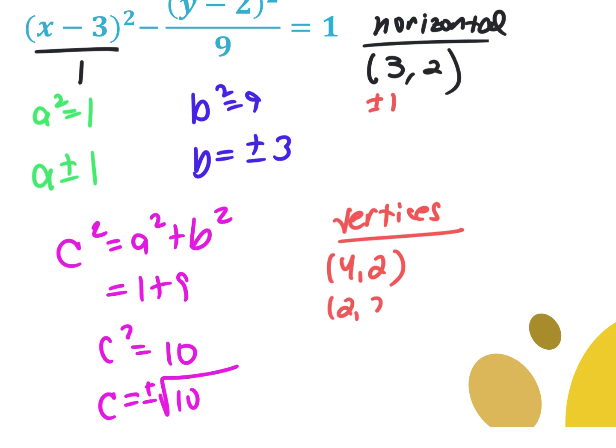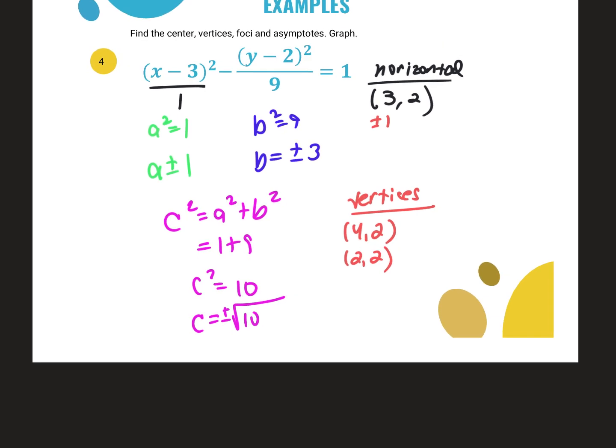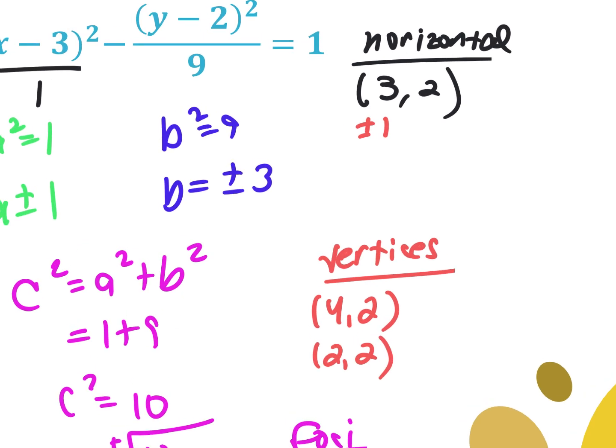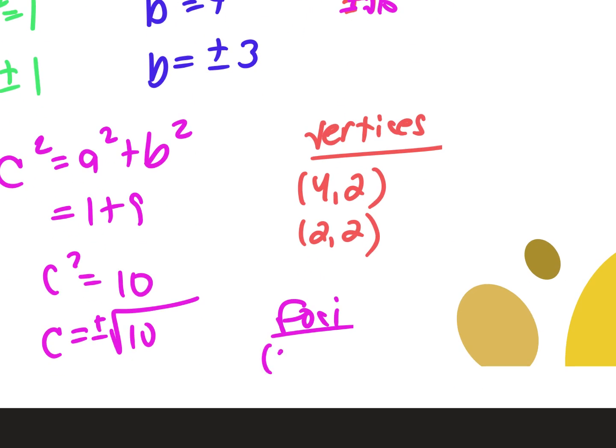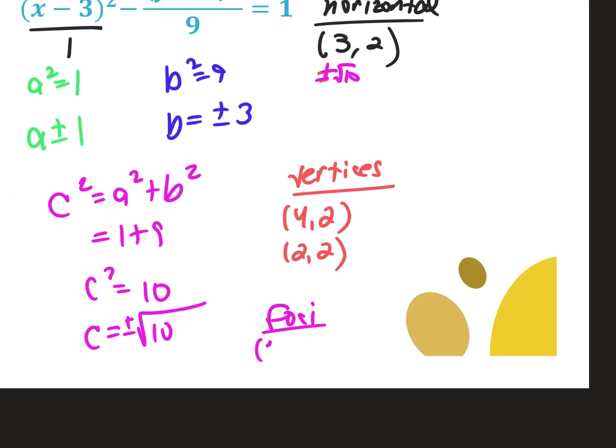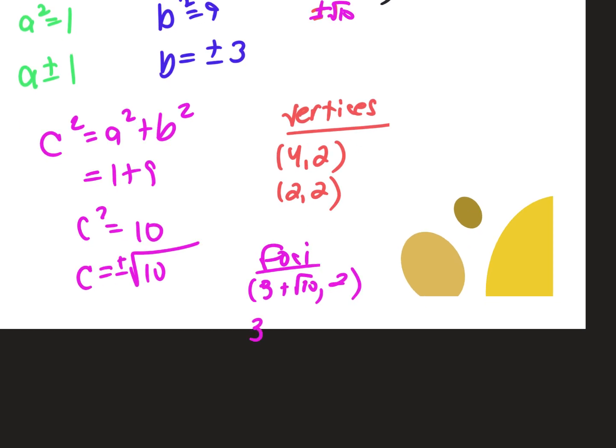There you go. How do you find your foci? Add and subtract what? Square root of 10. To where? Perfect. So you're going to be at 3 plus the square root of 10, comma 2, and 3 minus the square root of 10, comma 2.